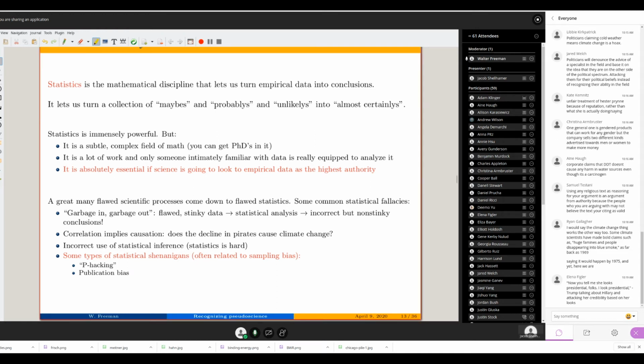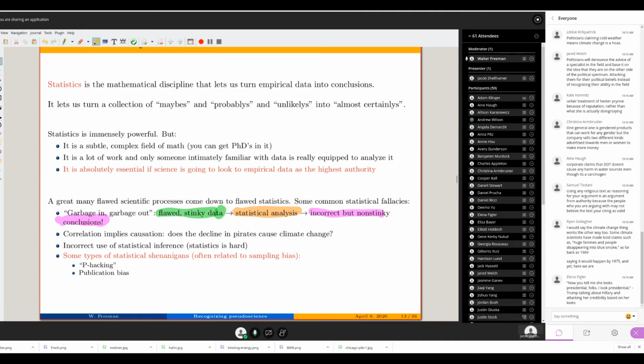You have some data that are flawed and stinky, that are blatantly biased. You do some statistical analysis that runs all of this through a laundry machine that says mathematics on the side, and then what comes out are false conclusions, but they're not stinky because we've hidden all the stinkiness and obvious bias behind a pile of mathematics.